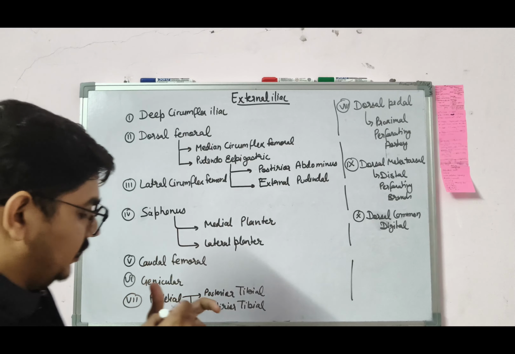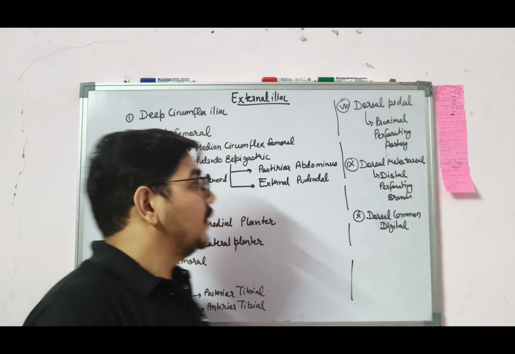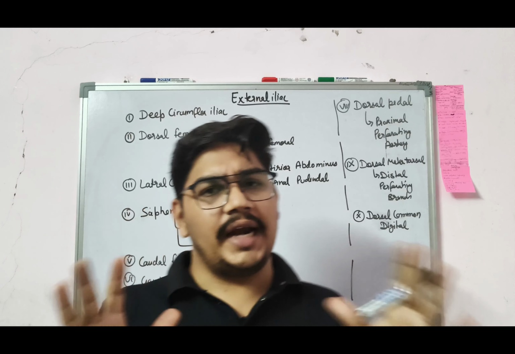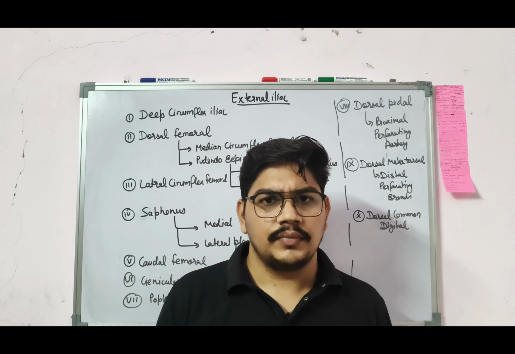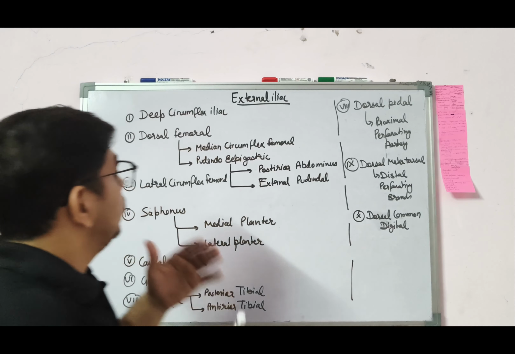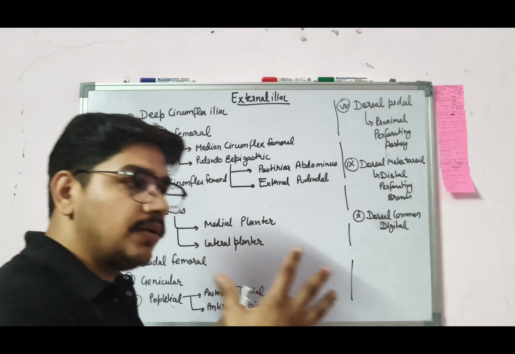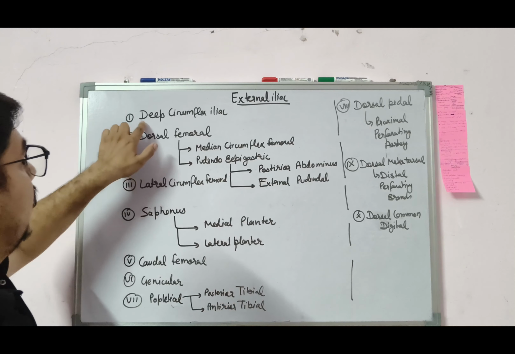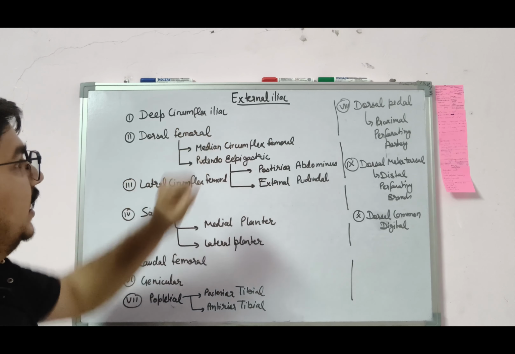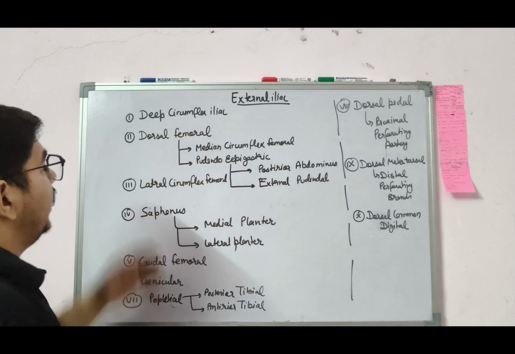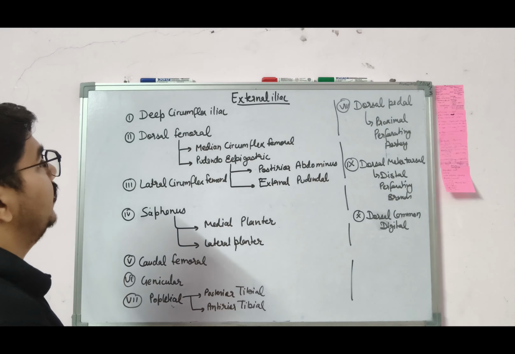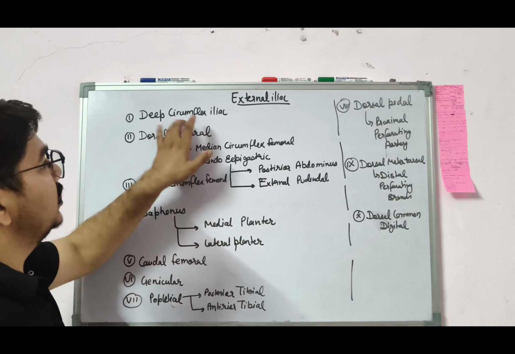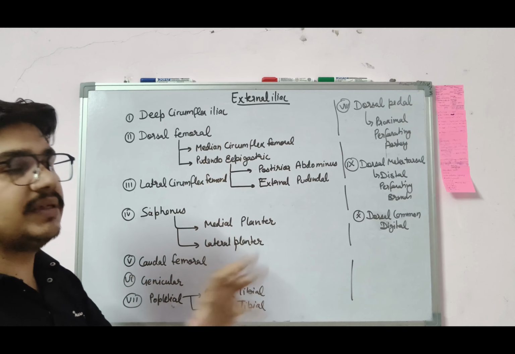Here it is very easy, because as the name suggests, mostly muscles belong to that group, that region, and the name suggests which muscle is supplied by them. The deep circumflex iliac means it is on the deeper side; circumflex, it somehow turns around and supplies the iliac region muscles.